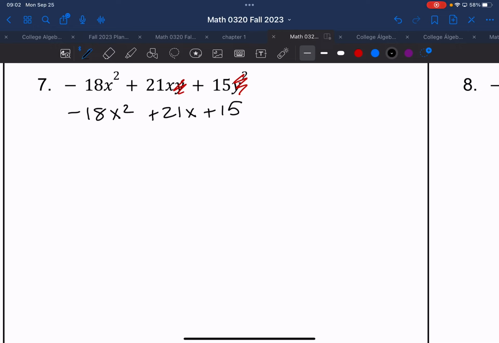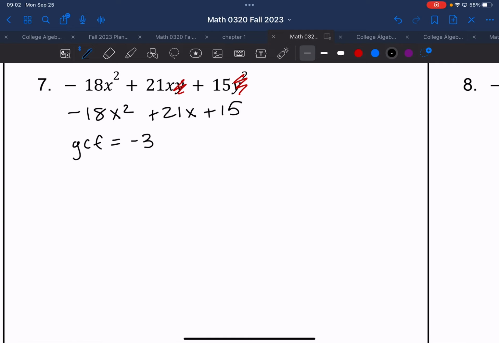So now looking at this, is everything in order? Yes. Are we going to have a GCF? Yes. What is that GCF? So 3 is correct, but remember we don't want a negative number in the beginning. So instead of just taking out a 3, we should take out a negative 3.